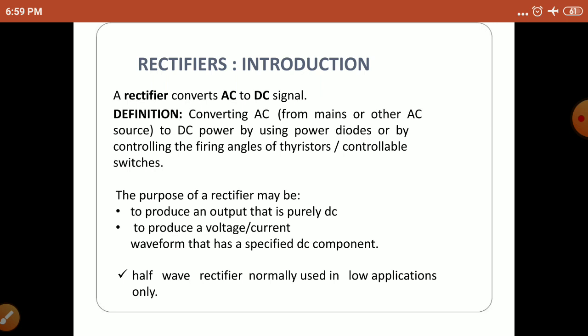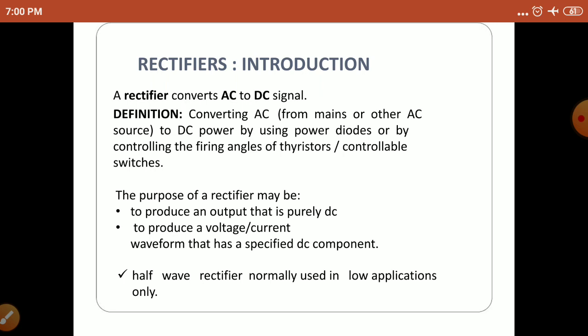So the alternating current coming from the KPTCL or the electricity boards has to be converted to the DC voltage required by the applications we use in houses, so conversion from one form to another is required. If you directly give AC to DC equipment, your equipment will be spoiled. That is why conversion of AC to DC is required, and for that, rectifiers are required.